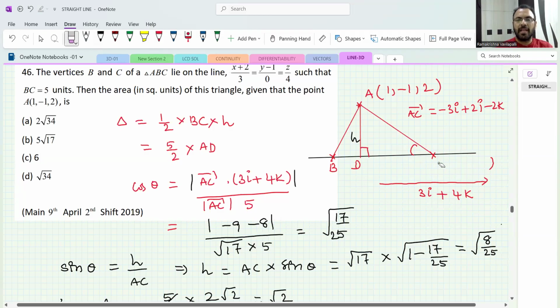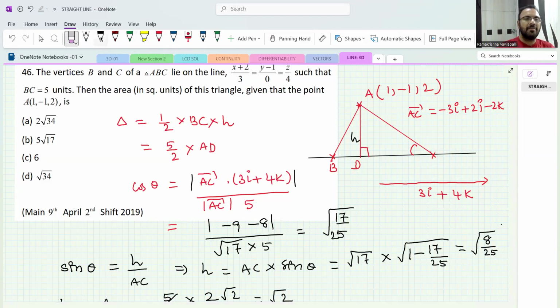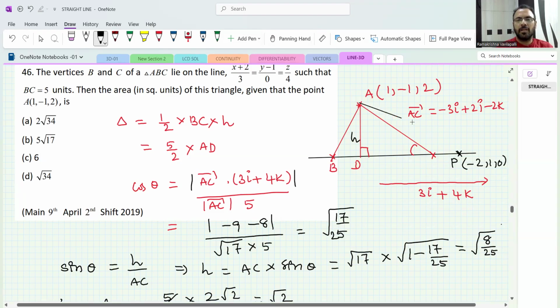And this is not the angle. That is the triangle. So here I'll take a point that is P. The line passes through the point (-2, 1, 0). Now joining these two, you will get the angle. Okay, join these two.